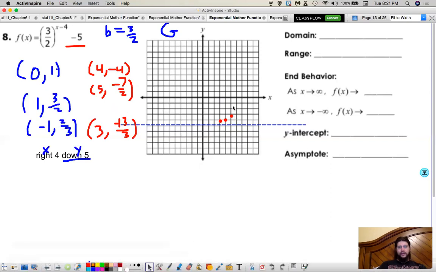That's -3.5. So it really should be right here. -13/3, that's -4 and a piece. -4 1/3. Well, so that worked. All right. So I'm going to sketch it.